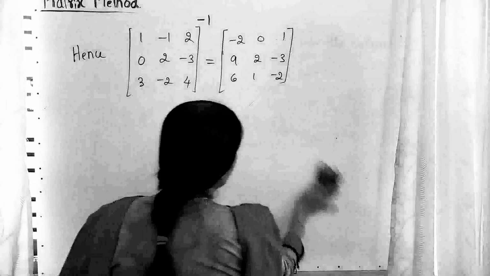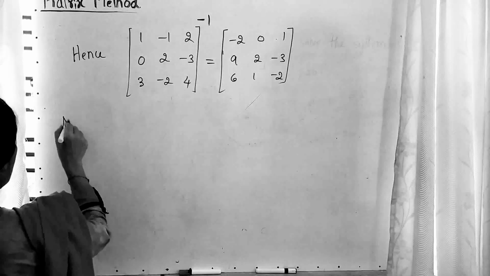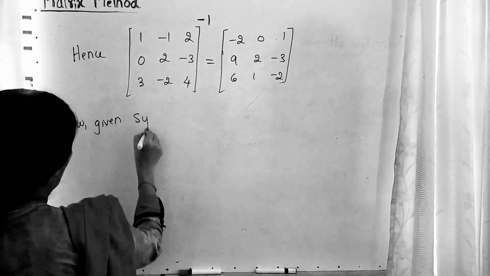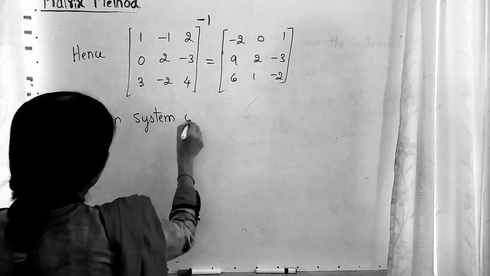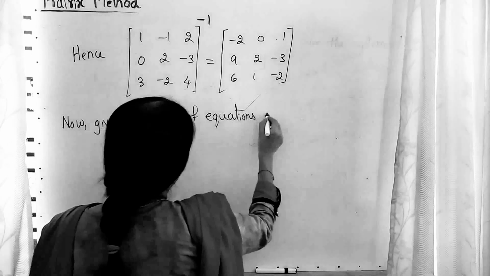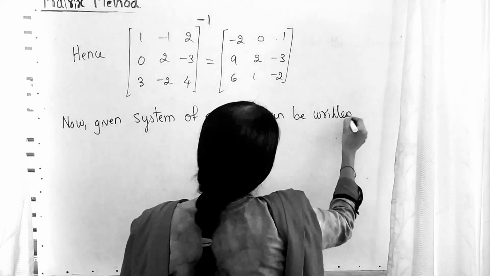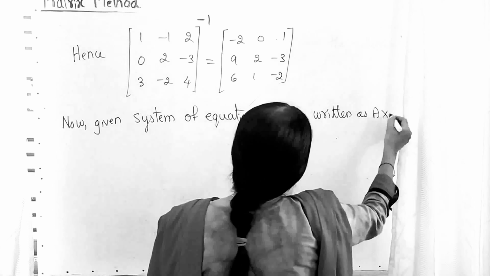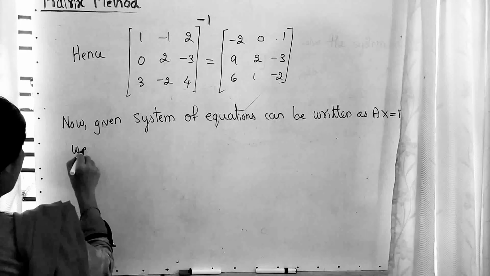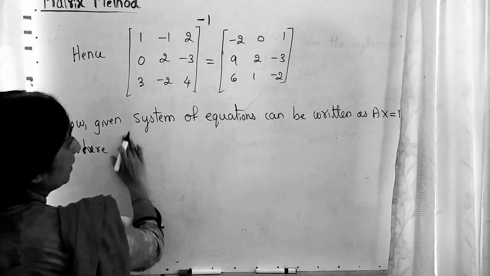The same concept, just they are twisting. Hence, now, the given system of equations can be written as Ax is equal to B, where I am writing in the form of Ax.